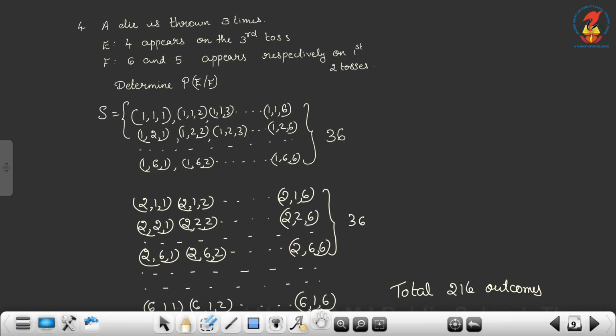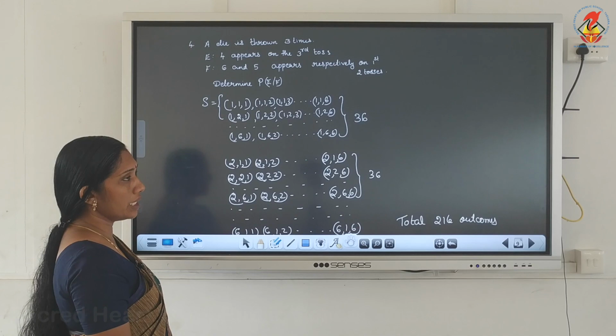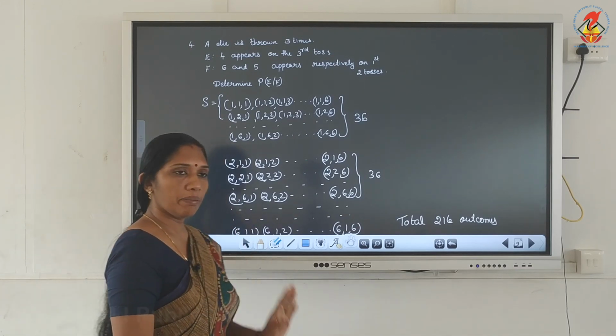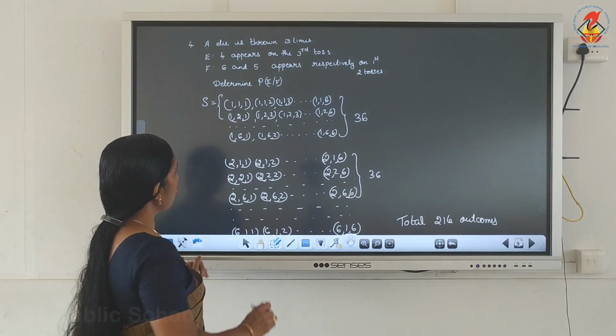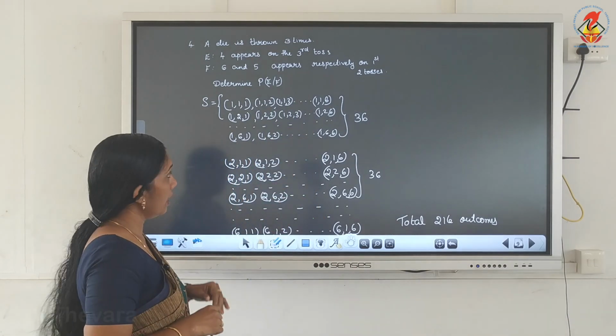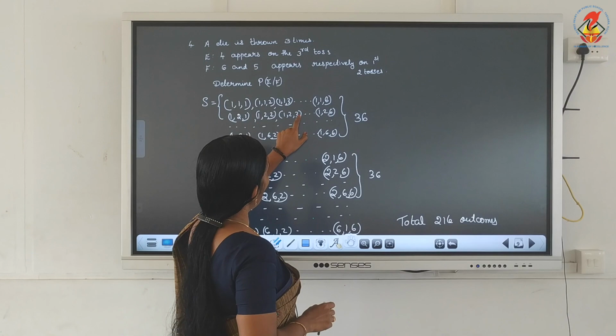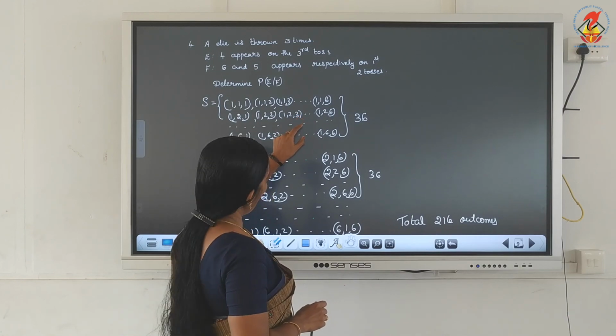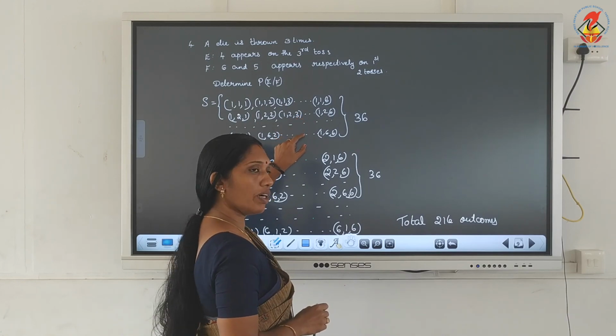Now, what is E and F? E means 4 appears on the third toss. So third number is 4. Third number is 4 means the next element 1, 1, 4. Okay. Here we have 1, 1, 4; 1, 2, 4; 1, 3, 4, like that 1, 6, 4.